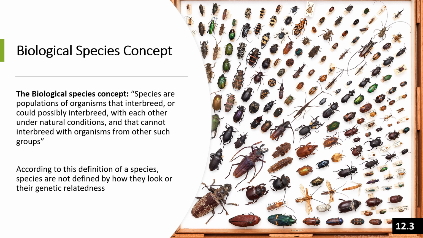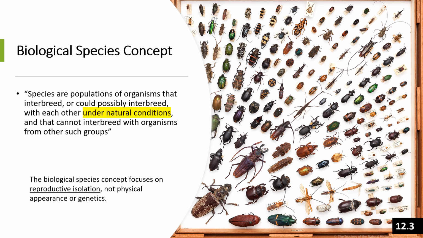It does not define species by their anatomy or genetic relatedness. Pay attention here to the words under natural conditions. Sometimes organisms theoretically could interbreed, but are not likely to because they don't live in the same physical space.